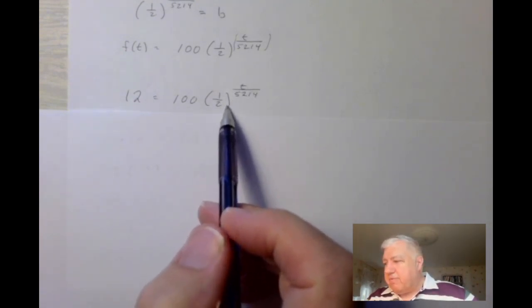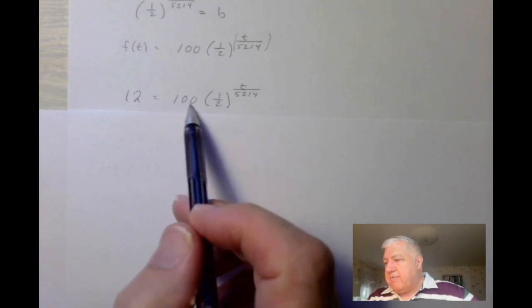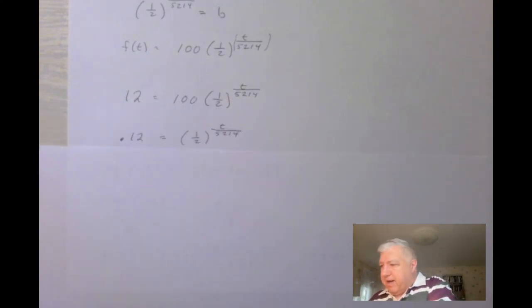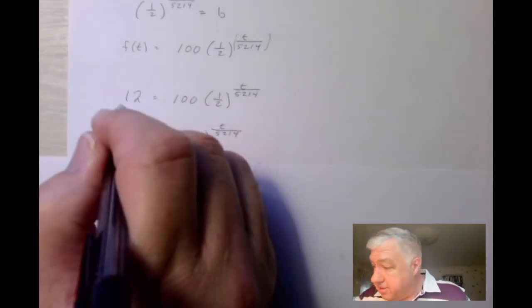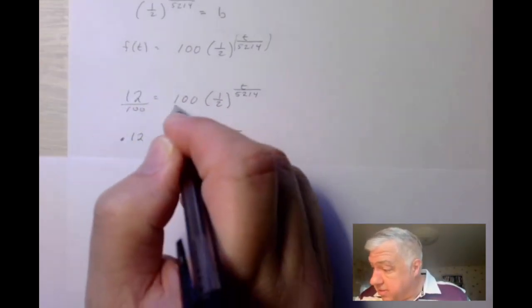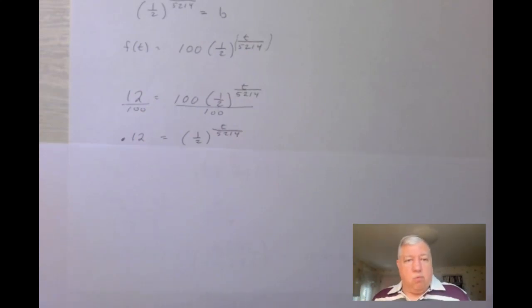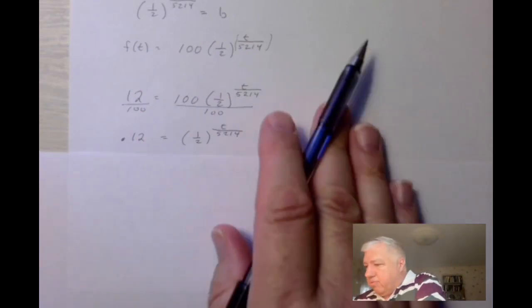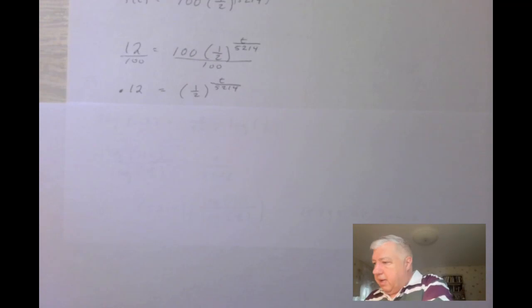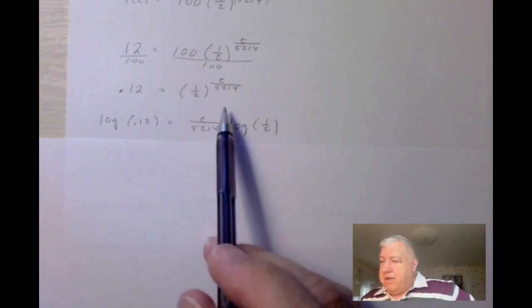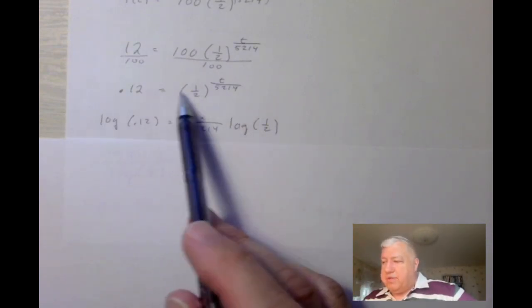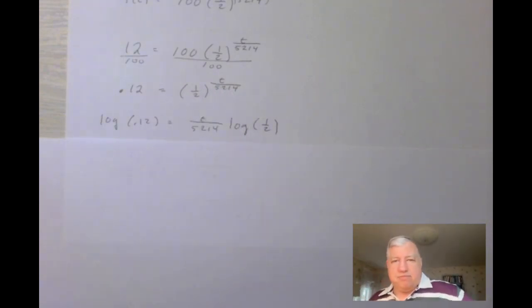First, we want to get rid of this 100, so we divide both sides by 100. And of course, 12 divided by 100 is 0.12. Now we can go ahead and take the log of both sides. What we did here is we took the log of this side and then brought the exponent out in front.